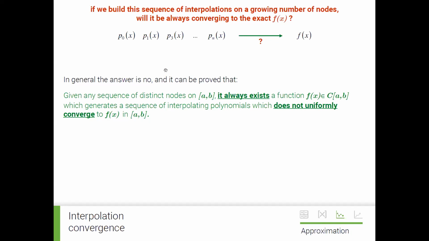This is the general answer to our question. Not in all cases is it true.